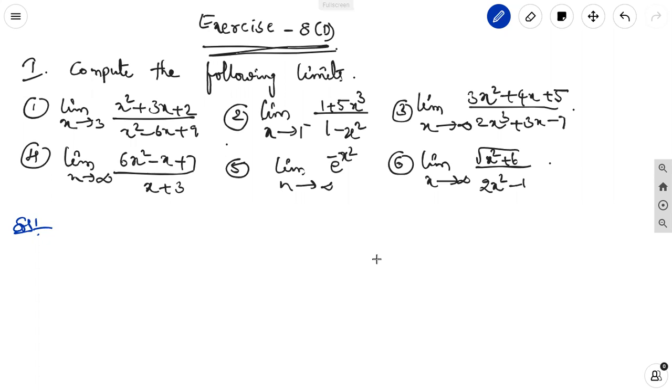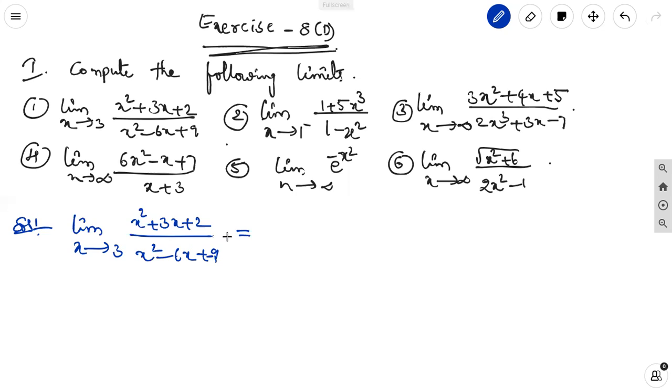See here the first solution: limit x tends to 3 of (x square plus 3x plus 2) by (x square minus 6x plus 9). First we can do the substitution of x equal to 3.